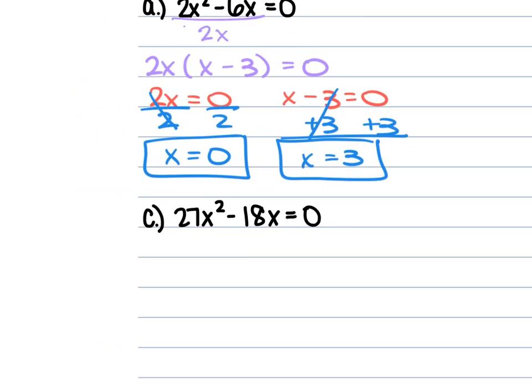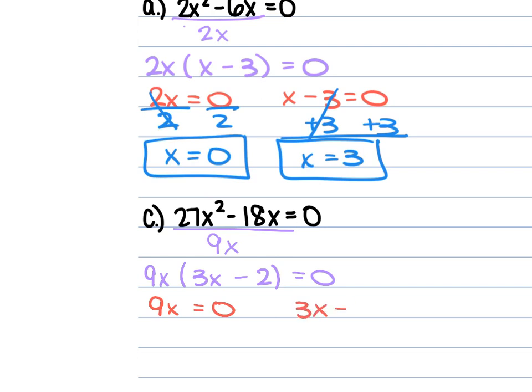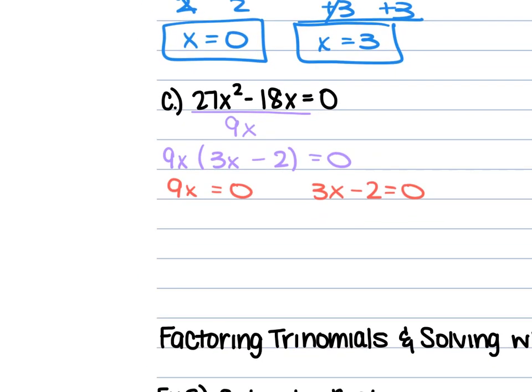For c, we have 27x squared minus 18x is equal to 0. So our greatest common factor between those two terms is 9x. We're going to factor out that 9x. We're going to have 3x minus 2 left over. Set that equal to 0. Then set each part equal to 0. So 9x is equal to 0, and 3x minus 2 is equal to 0.